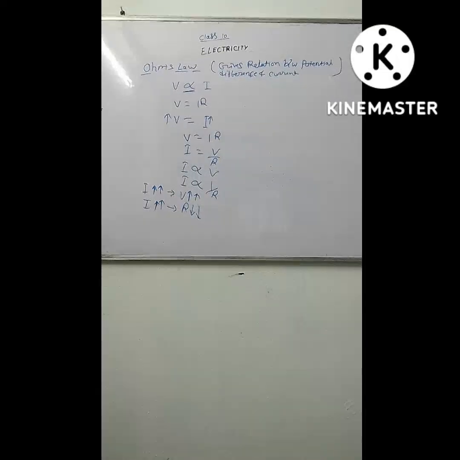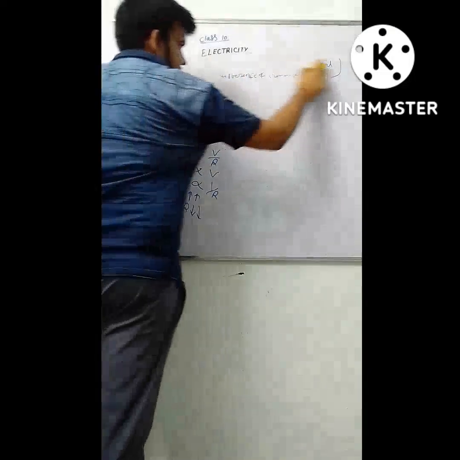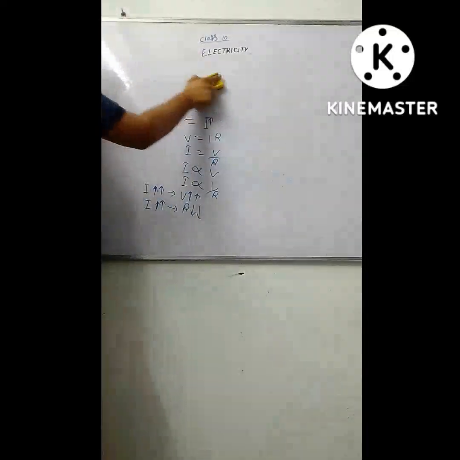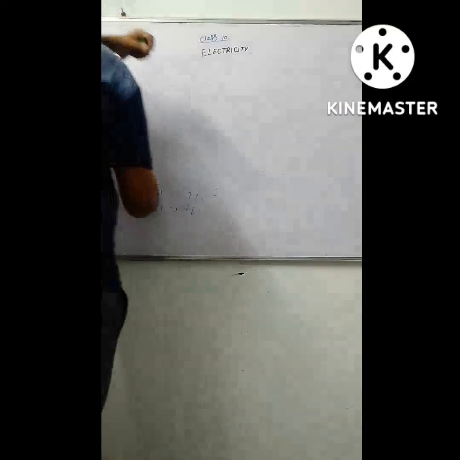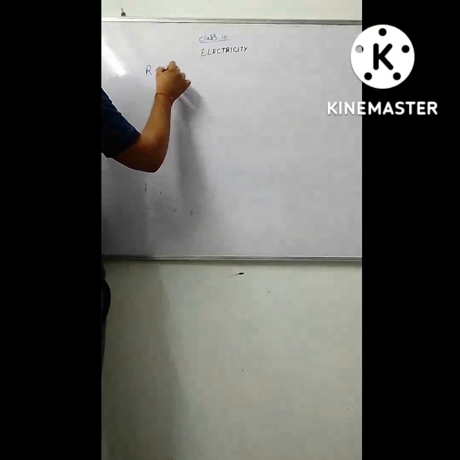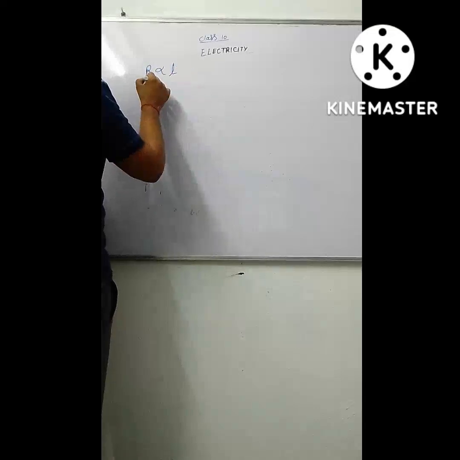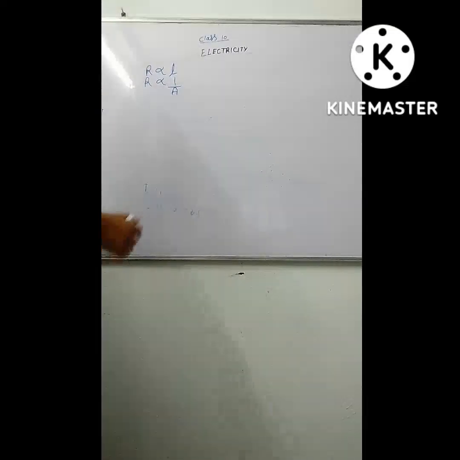Now we can discuss resistance and its effects. Before that, we also have to see a term, resistivity, and how it comes. As we know, resistance depends upon the length of the conductor, and also on 1 upon area. Now, how can we remove this proportionality?